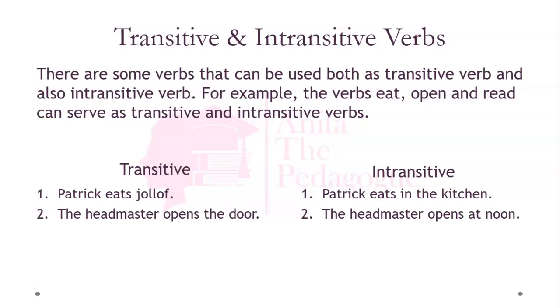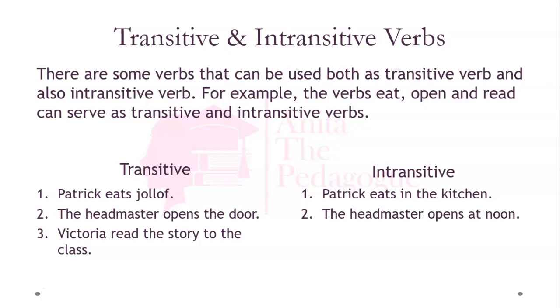Let's take a look at our third example: Victoria read the story to the class. The verb here is read. It is followed by a noun group, a direct object, which is the story. And so it is a transitive verb.